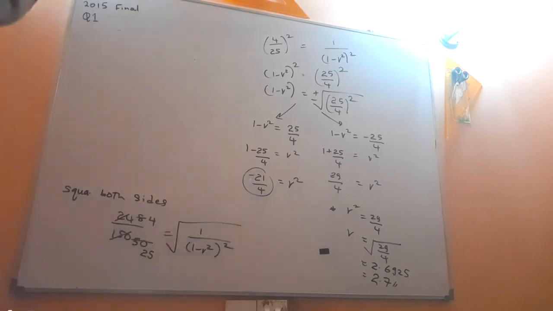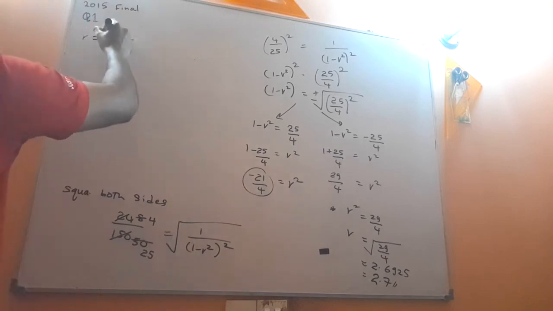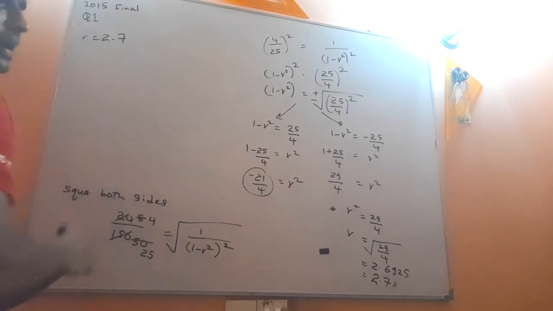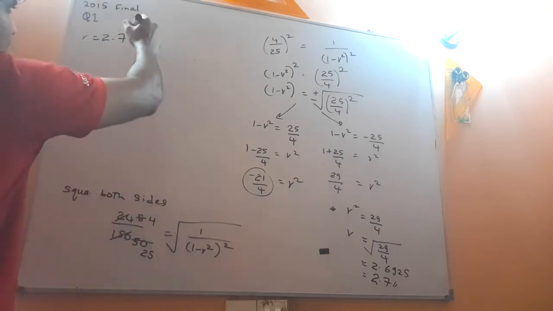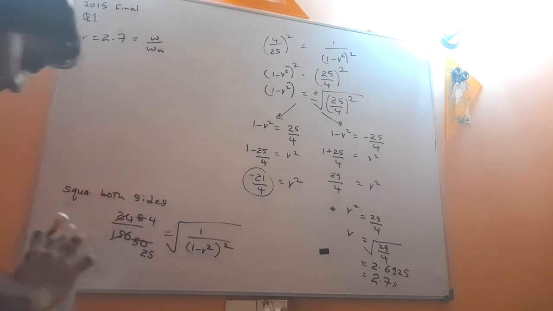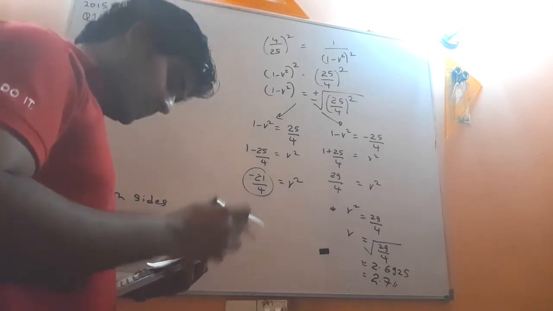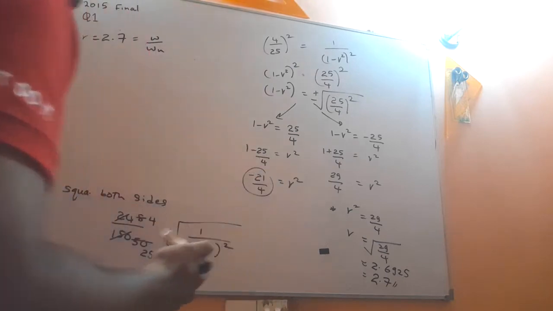So now we know that r equals 2.7, and also we know that r is the frequency ratio, which is omega divided by omega n. Now in this B part they are asking to calculate the maximum stiffness.